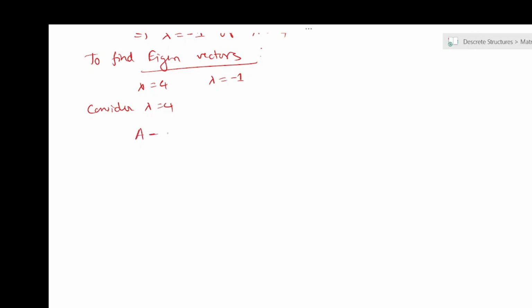Consider the same equation, A minus lambda I. Here I am going to substitute, but to find the vector we are going to write the complete equation. Okay, let me erase it once.